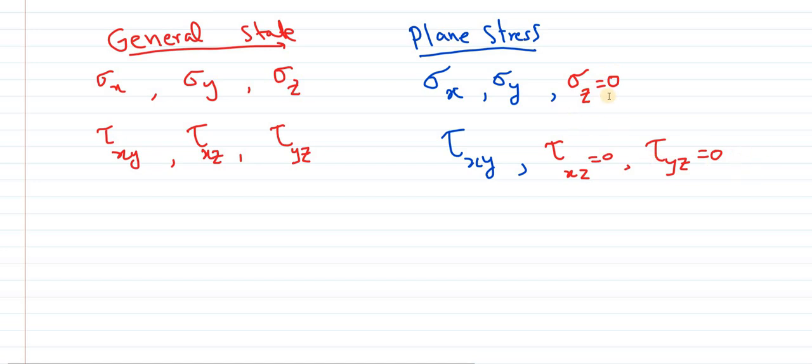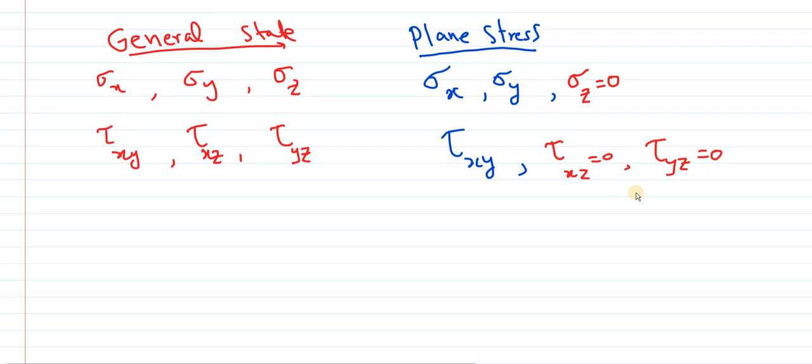In case of a plane stress, the stresses are all acting in one plane, in this case the xy plane. So the components along z are 0. So what is the summary?